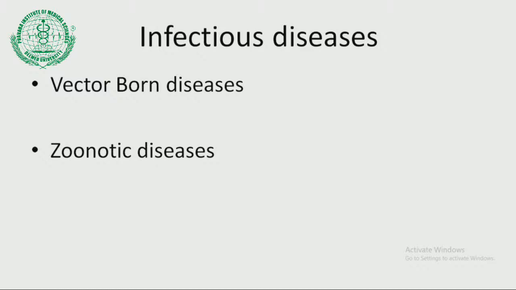And another example might be rabies, which is a zoonotic disease, which is present in animals. If a rabid dog bites a human being, that person will get infected, will get rabies. So there is no vector involved. Directly the animal is transmitting the infection.